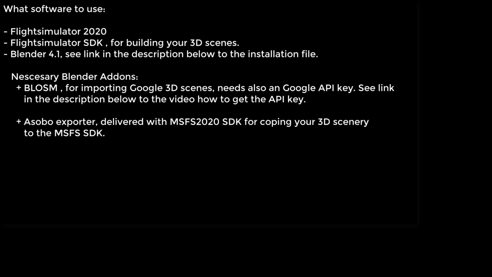See the link in the description below to the video on how to get the API key. A second add-on is the Asobo exporter, which is delivered with the MSFS 2020 SDK, and you need it to export the 3D scenery you created with Blender to the MSFS SDK.